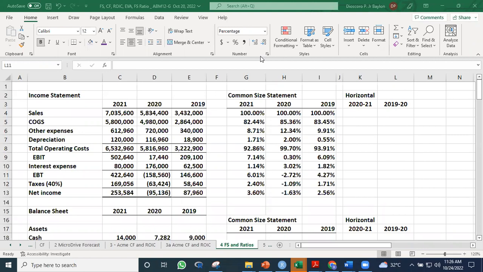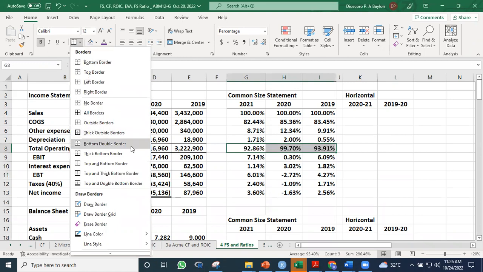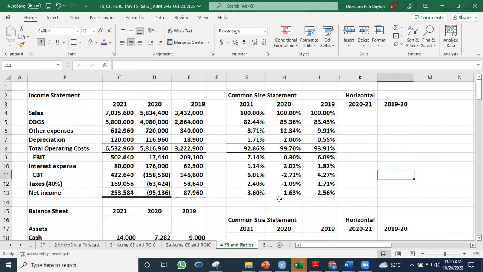Okay, so now it will be good if we also copy the format. So kunyari total operating cost natin, para mukhang income statement din siya, top and bottom border. Okay, this one, top and bottom border. Oops, mali. Control Z. So it's from here to here.